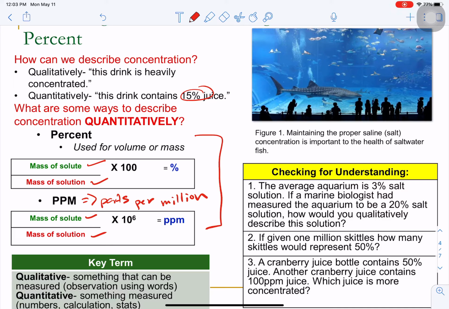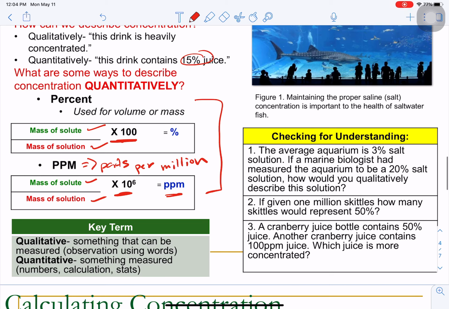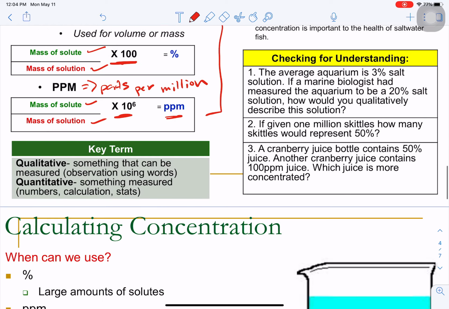Same exact. Now, instead of multiplying by 100, we're multiplying by a million. So rather than being parts per 100, like a percentage, this is parts per million. Now, I'm going to explain where you would use the two as we go through these different checking for understanding questions.